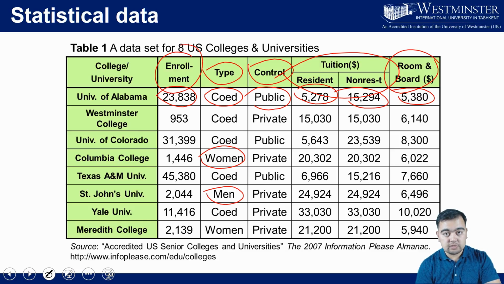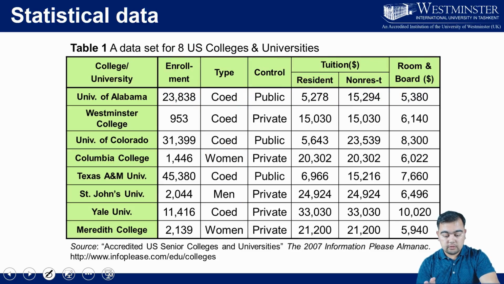Or we have the control, for example. We know that the universities and institutions of the college can be either public or private. So if you have this type of variables, then we call those variables qualitative data, right? We have no numbers, but simply different names, different labels, right? So far, hopefully, you understand the differences between qualitative data and quantitative data.